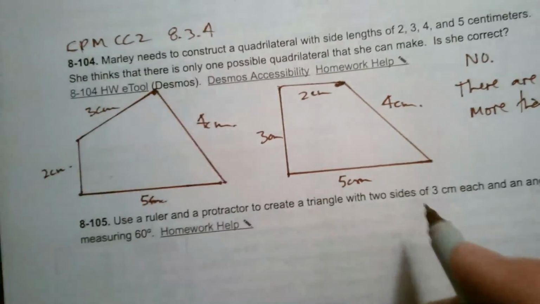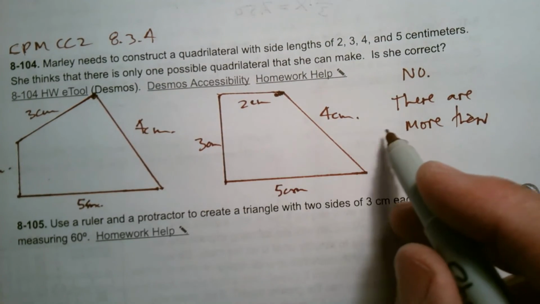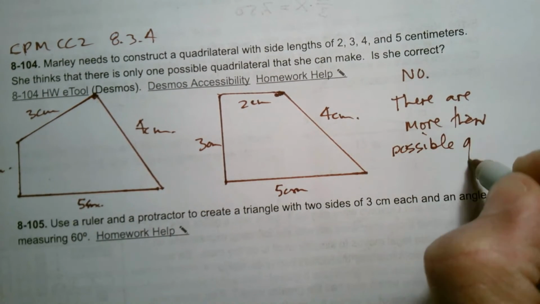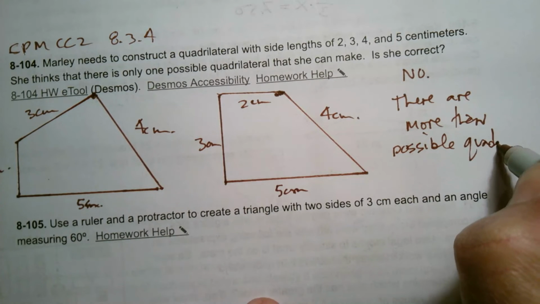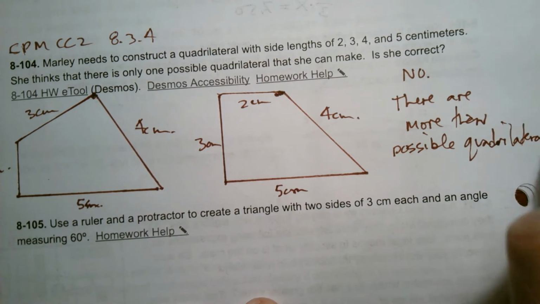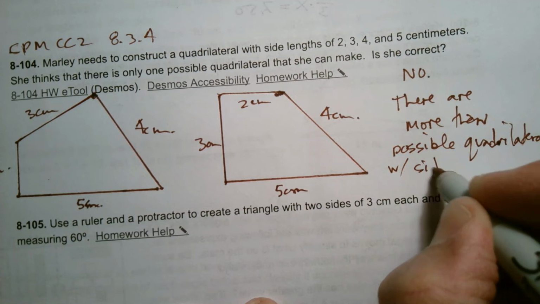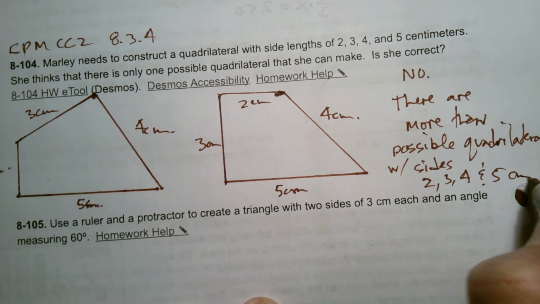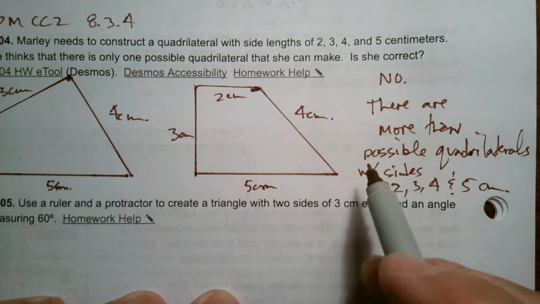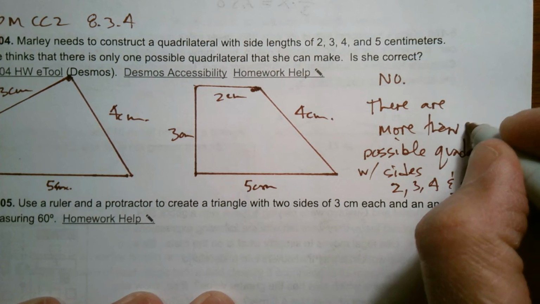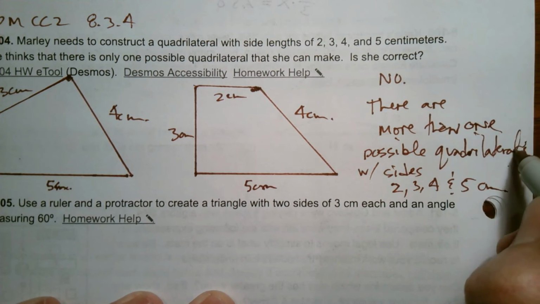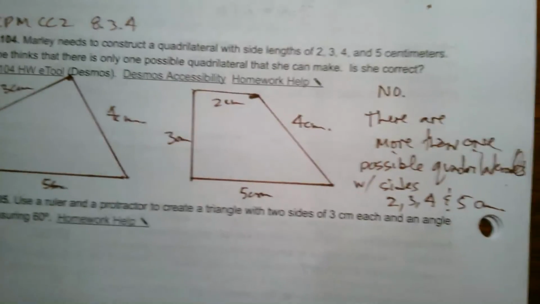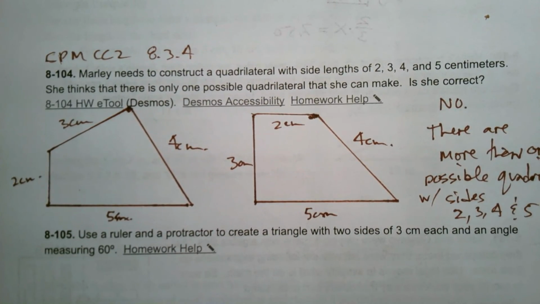I could play around with figuring out how many, but at this point we'll just say there are more than one possible quadrilaterals with sides 2, 3, 4, and 5 centimeters. And there's my example. I just drew 2.